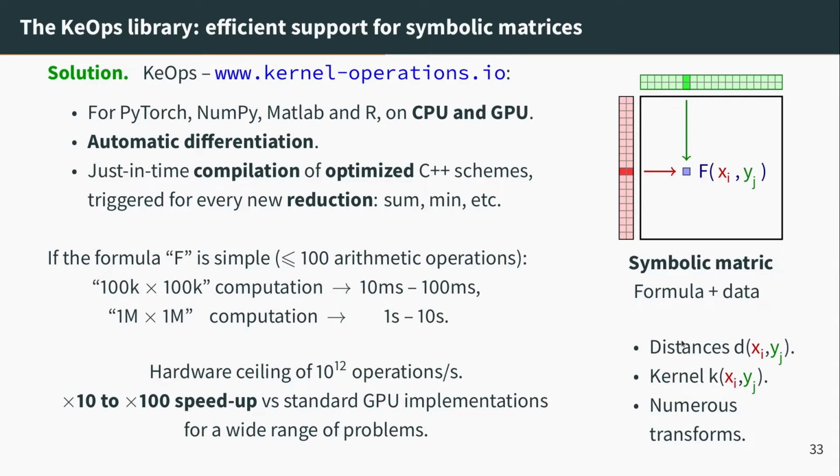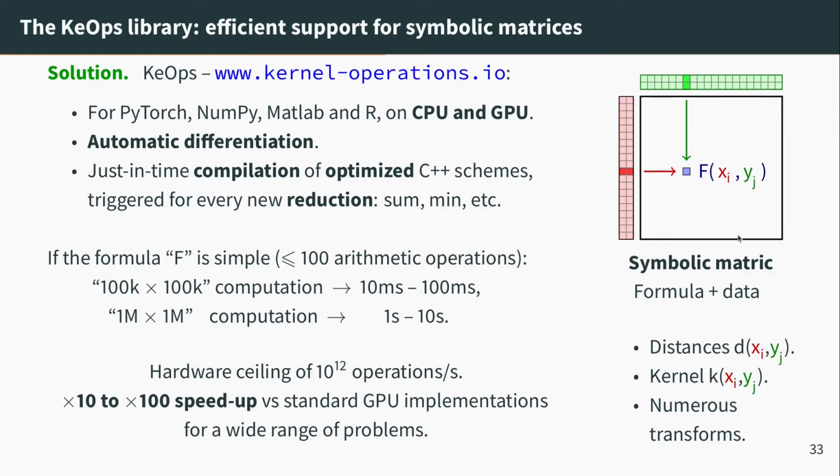Okay, a matrix of distances comes from a formula F, which is a squared Euclidean norm that is evaluated on points xi and yj. Okay, and this is what gives you the coefficients at location ij. You have all the kernel matrices that we talked about. They clearly fall into this category, and numerous transforms like a non-uniform fast Fourier transform, a functional transform. You're going to be able to express them in this framework.